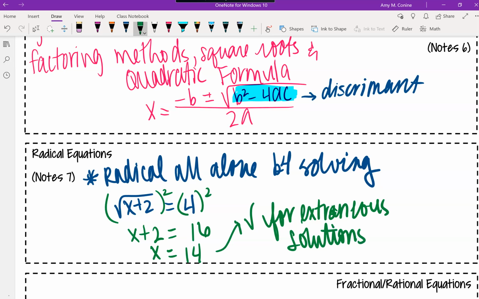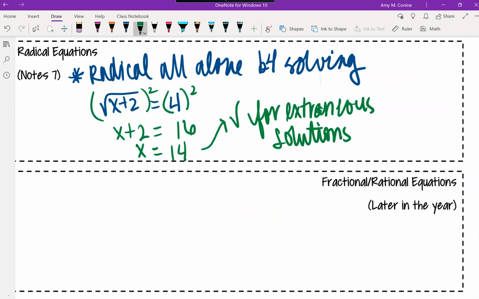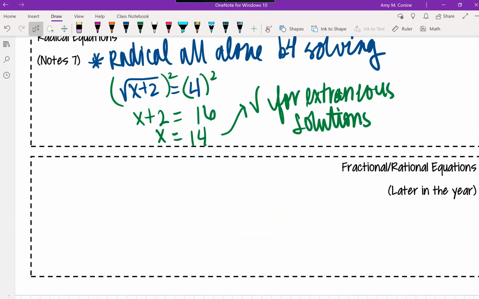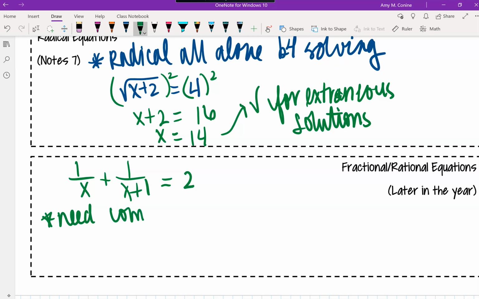So then moving on to fractional rational. For fractional rational, again, we will hit later in this year. We won't do it in this unit. Fractional rational equations, for example, look something like this. They're rational equations because they have fractions in them. The main thing you need to look for is your common denominators.